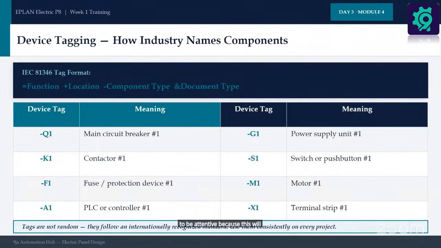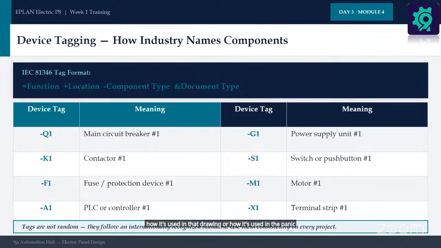So you will not go for any electrical work and they say K is contactor, and you see contactor as Q and you're like, this thing is wrong. No, you should just basically have this idea that a device is tagged according to how it's used in that drawing or in the panel.